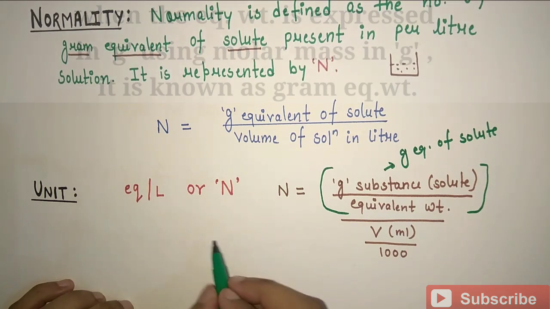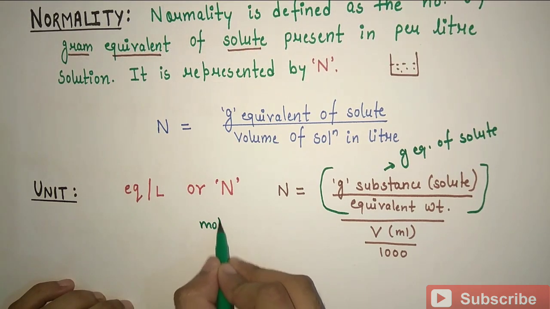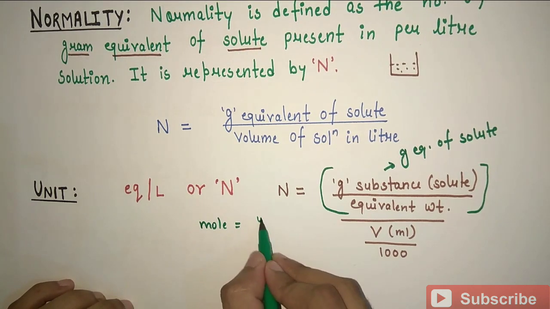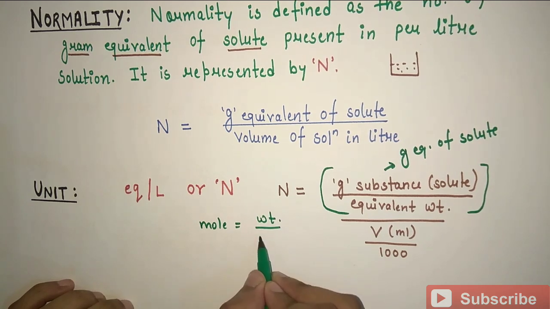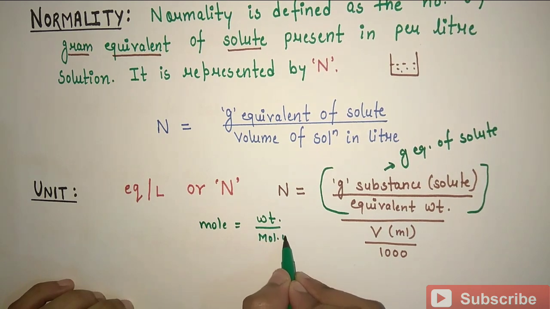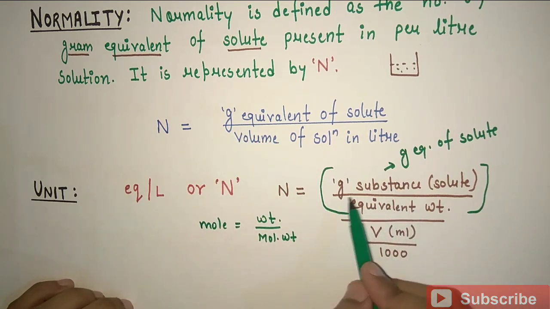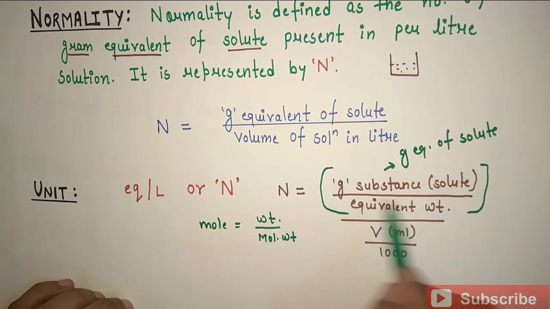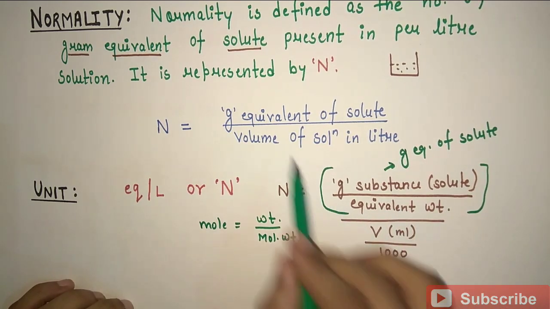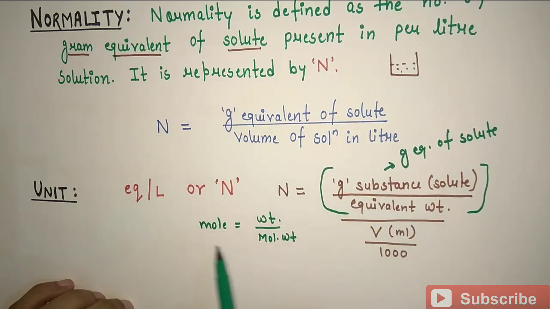The formula for moles is the weight of the substance upon molecular weight. But in gram equivalent, we take the weight and divide it by the equivalent weight, not the molecular weight. So this is the difference between gram equivalent and moles.